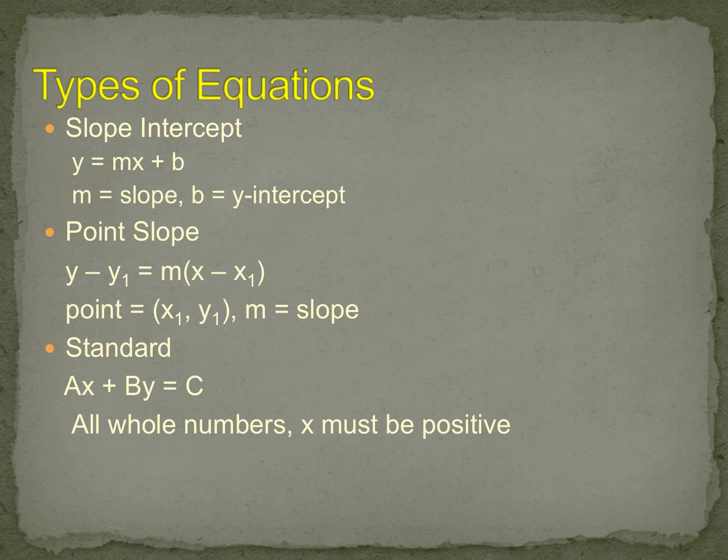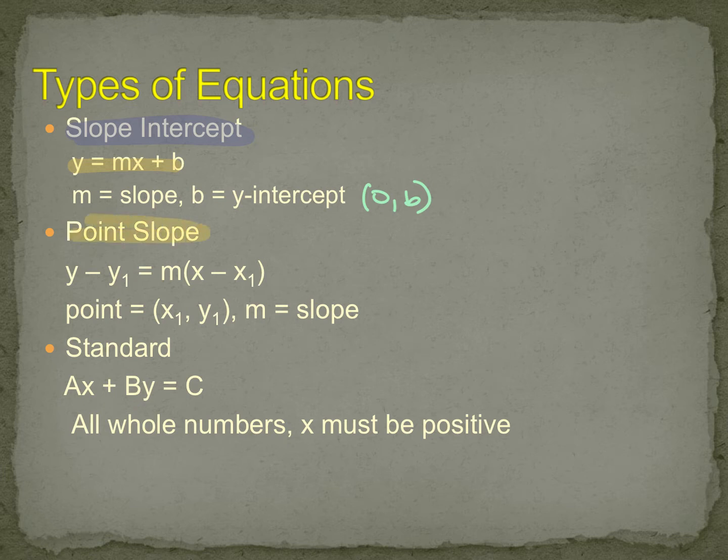There are 3 types of equations we're going to use throughout the section. Slope-intercept form, which is probably the one we know the most: y equals mx plus b, where m is the slope and b is the y-intercept. More accurately, (0, b) would be the y-intercept because it's a coordinate point.